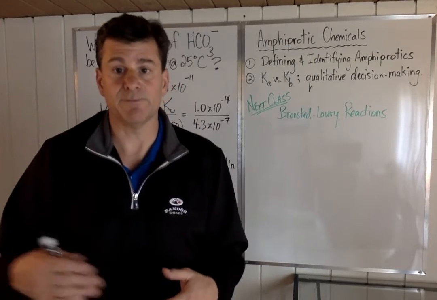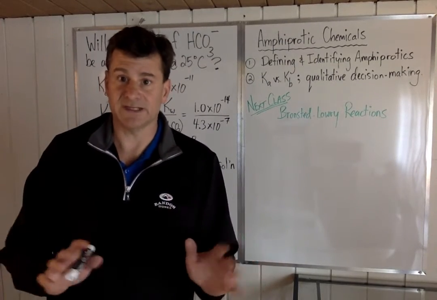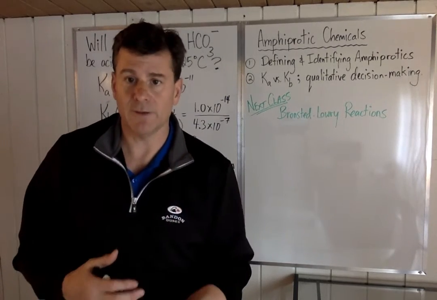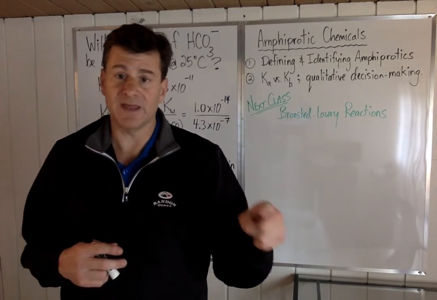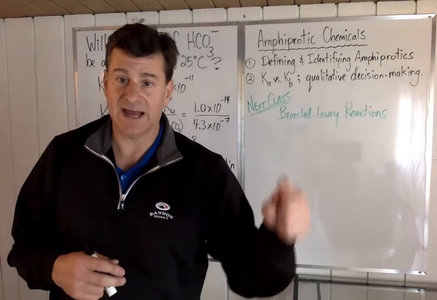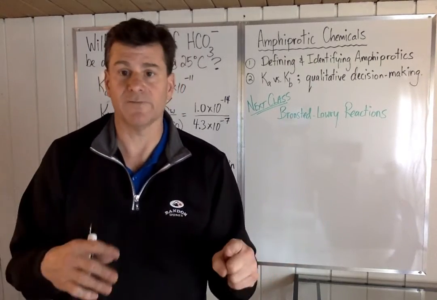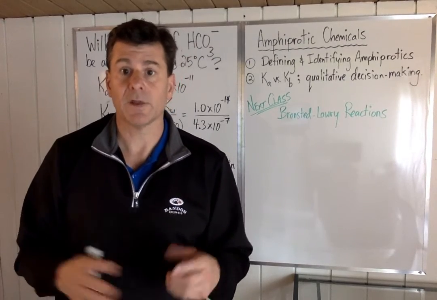It's 1,000 times better at being a base. So think of it this way, for this exact chemical. If you throw 1,000 HCO3 minuses into water, for every one of them that acts as an acid, approximately, ballpark figure, 999 of them act as a base.